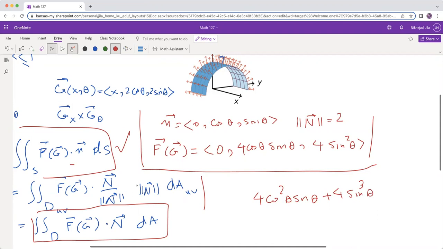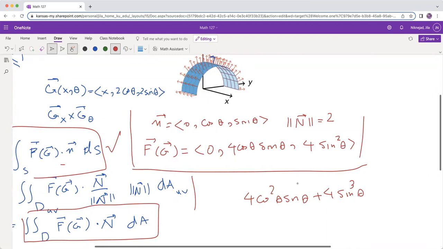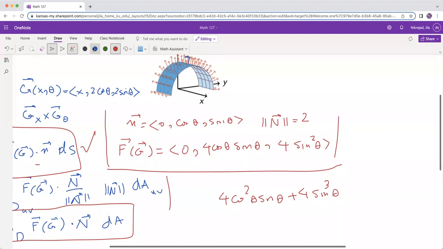And when I'm taking this integral, it's the dot of these two and the scalar integral. The scalar surface integral uses the magnitude of N, which is the magnitude of g sub x cross g sub theta.